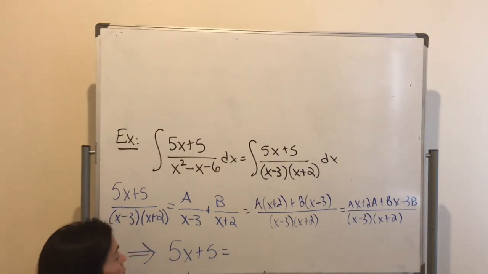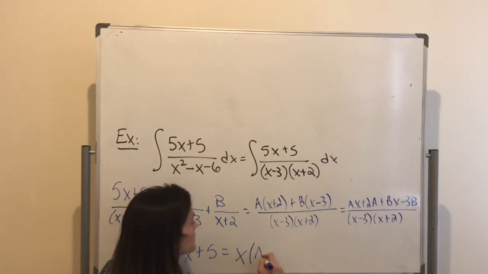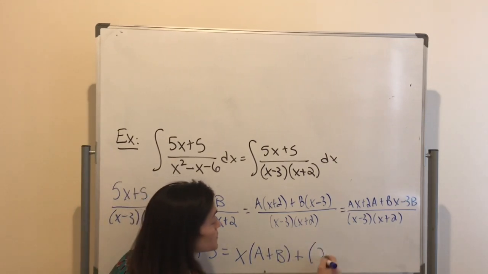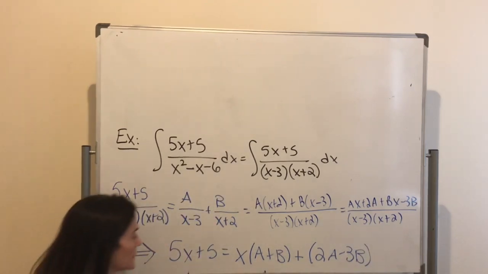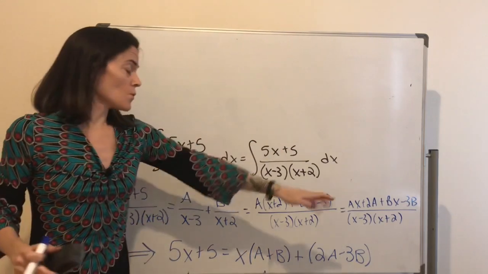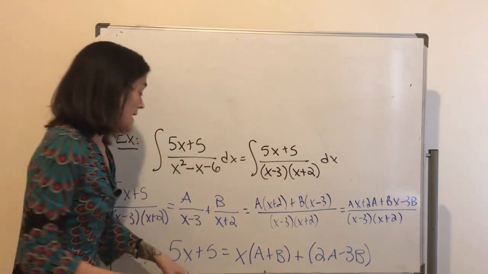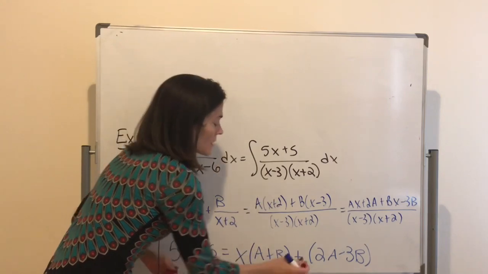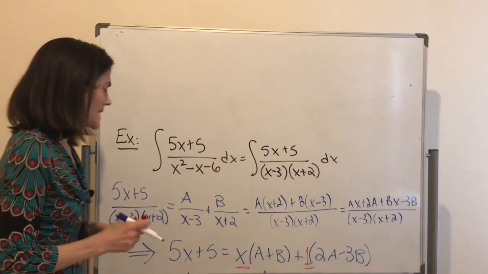I want to group everything with the x, and then group everything without the x, which would be 2A minus 3B. So now I have the two numerators equal. I just grouped the numerator on the right-hand side so that I have all the coefficients that have the x together, and then the coefficients that have the 1 together.